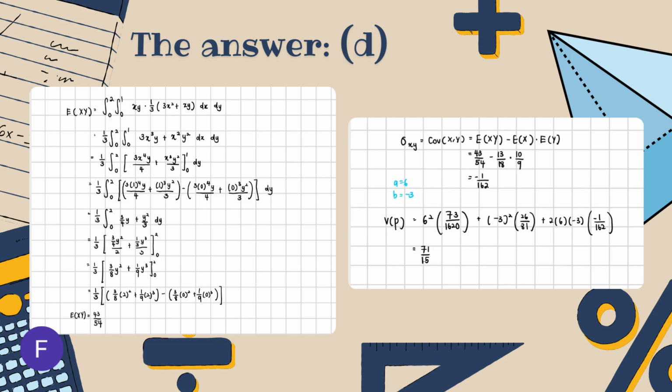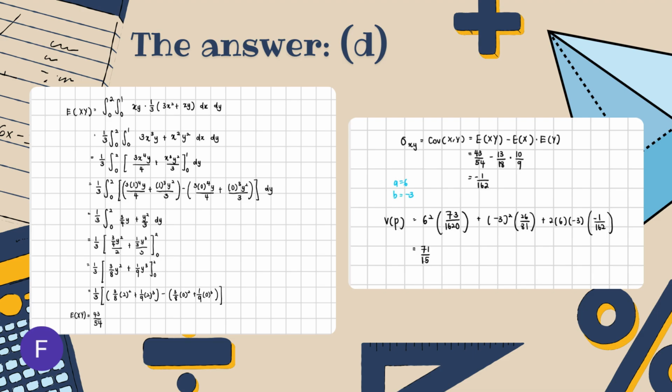For the first integration, we need to multiply by the function of xy, treating y as a constant, and then we integrate the remaining expressions with respect to y. After simplifying the fraction, we get 43 over 54 as the answer. After that, we can plug in the values and the answer is negative 1 over 162.